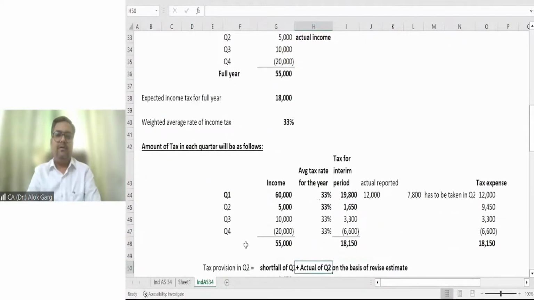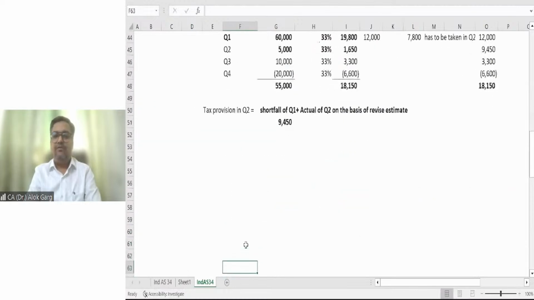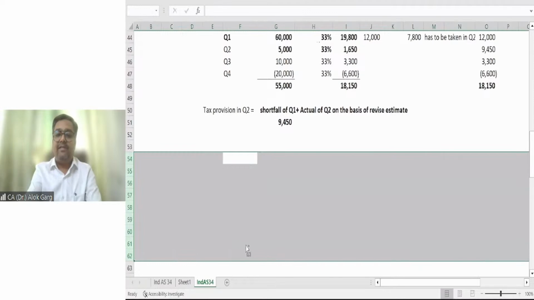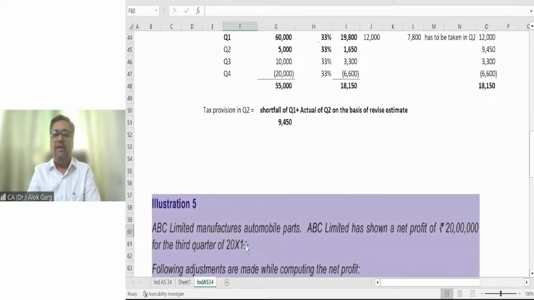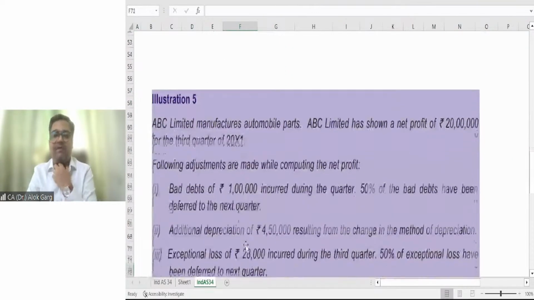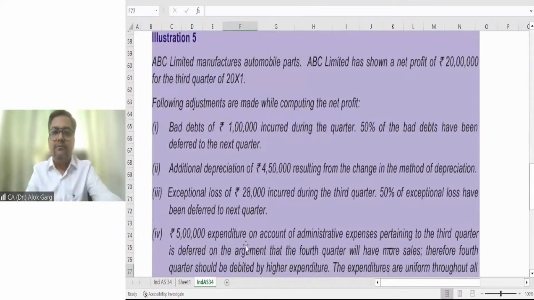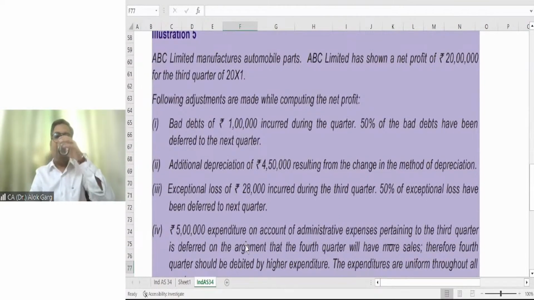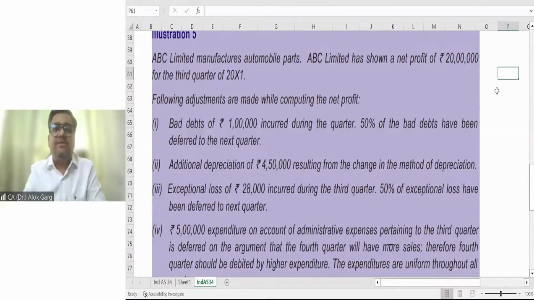Okay. Friends, this was the last concept in Ind AS 34, the weighted average annual income tax rate. Now let's quickly discuss illustration number 5. ABC Limited manufactures automobile parts.